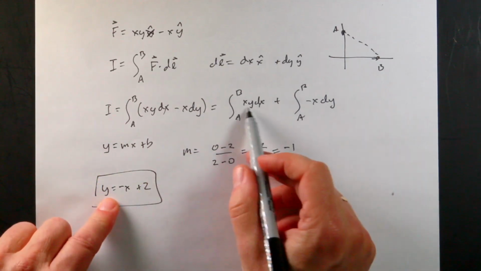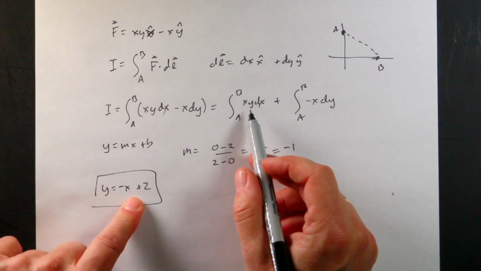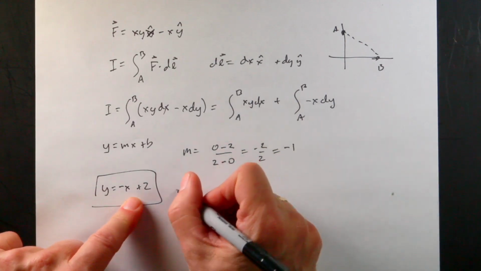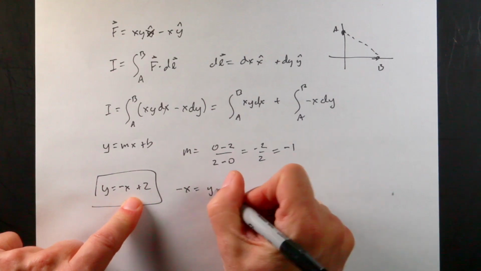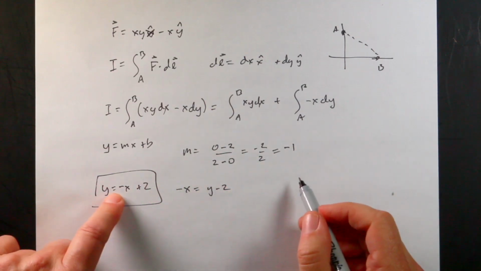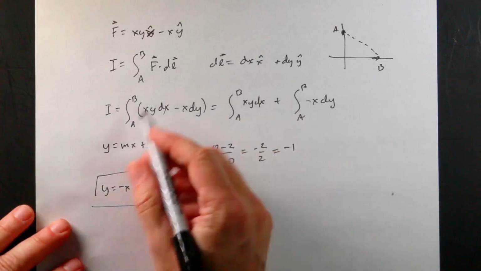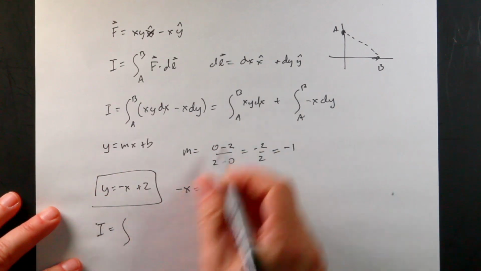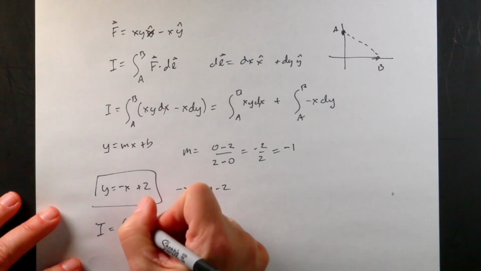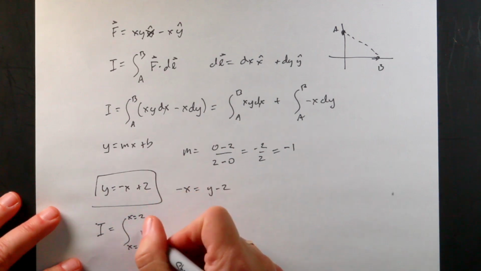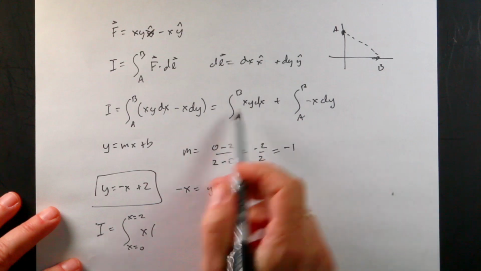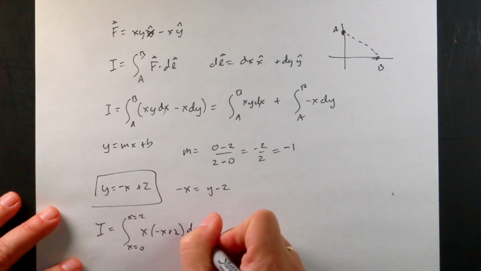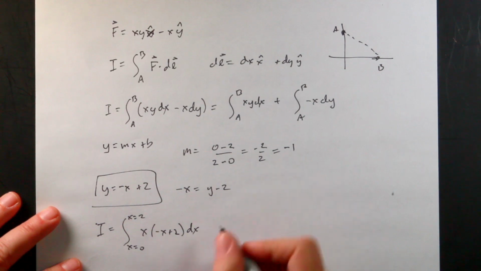So right here, when I have a y, I can put in negative x plus 2. Right here, I can solve this for negative x: negative x equals y minus 2. I put that in right there. So now my integral becomes I equals the integral from x equals 0 to x equals 2 of x times y, but I'm going to put in negative x plus 2 for y, dx. That all just depends on x, so I can actually integrate that.